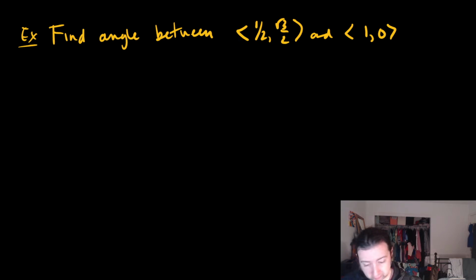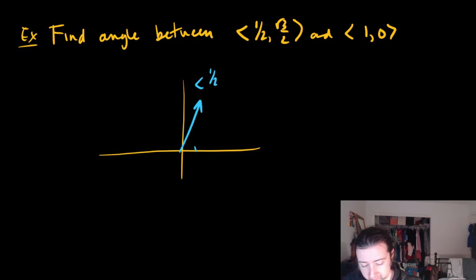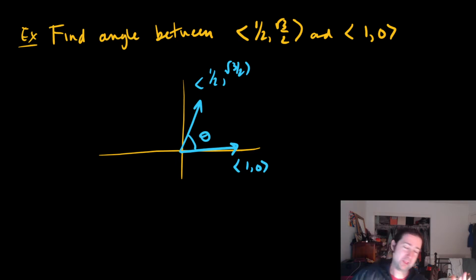So if we draw that picture, you can imagine on an xy plane that what we're looking at here is the vector 1/2, root 3 over 2 points up like this. And in this direction, we have the vector 1, 0. Now I've picked these because they're unit circle angles and I'm trying to illustrate the point here, but let's take a look and see what happens.